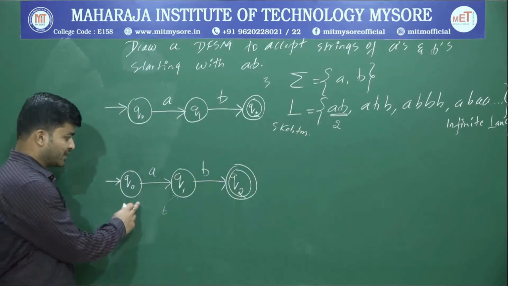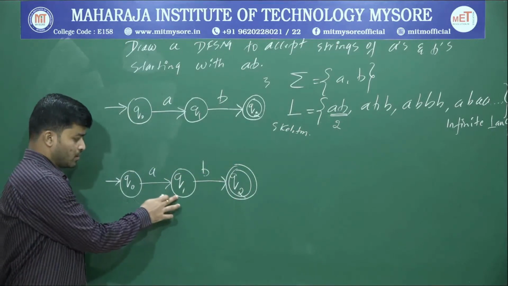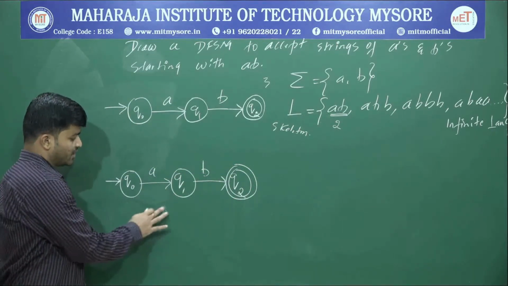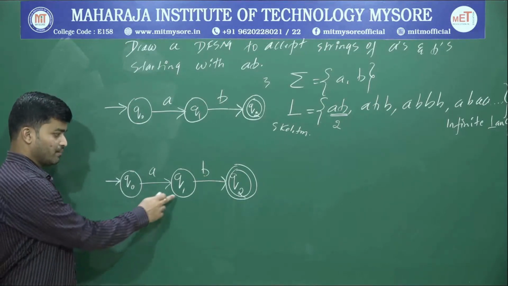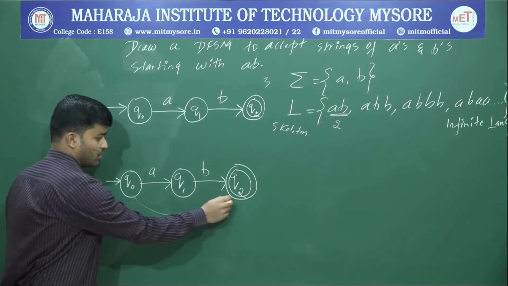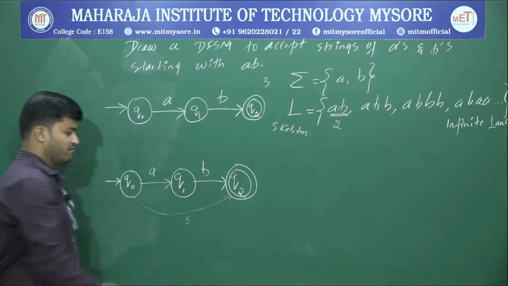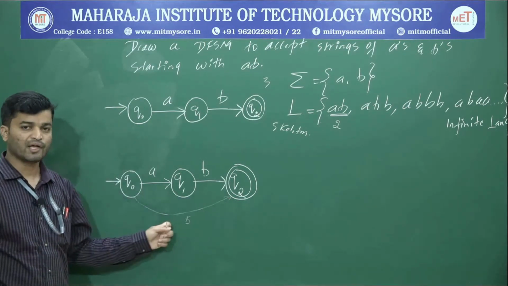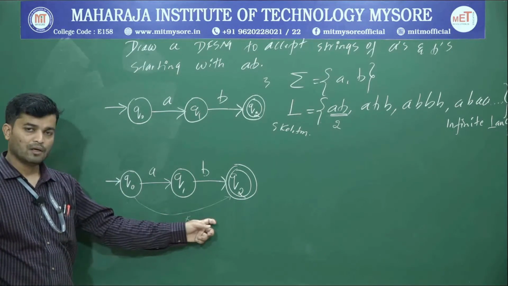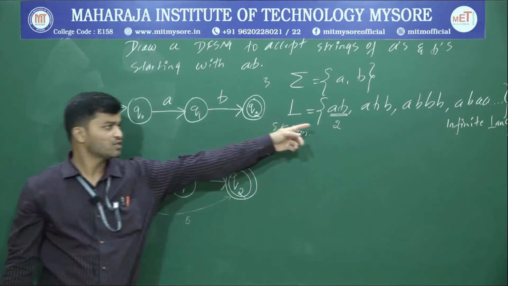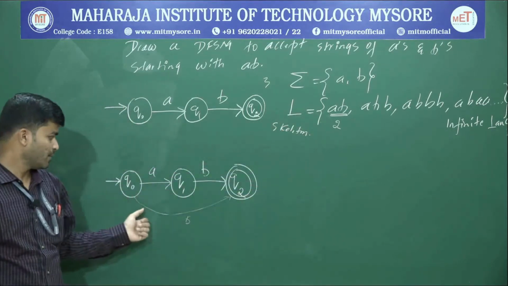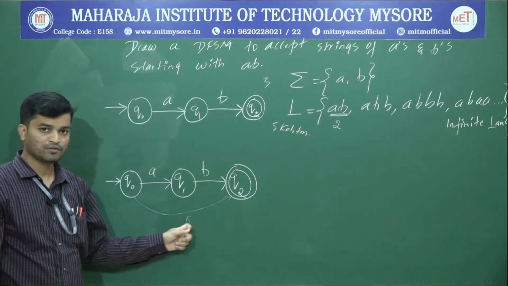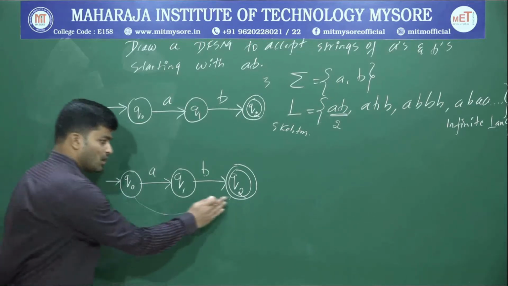Therefore, connecting to Q1 is not a valid option. Now try to connect with the next nearest state, Q2. If I connect with Q2, this will directly accept B. That does not belong to our language. Therefore, connecting Q0 to Q2 is also not a valid option.